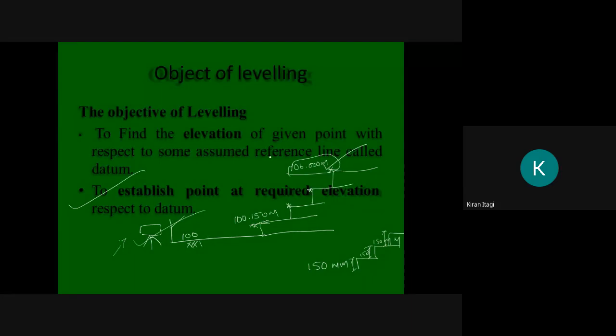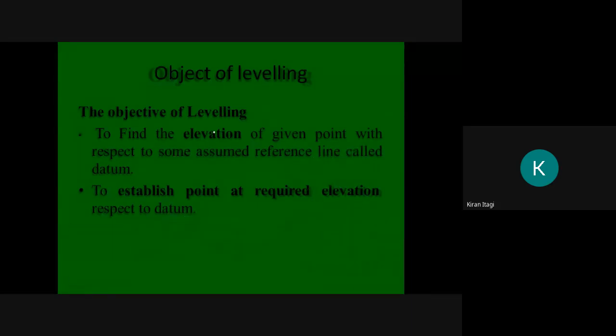We will see that later, and finally I will reach this level. Just remember, to find the elevation of a given point and to establish a new elevation point, it will always be with respect to datum.